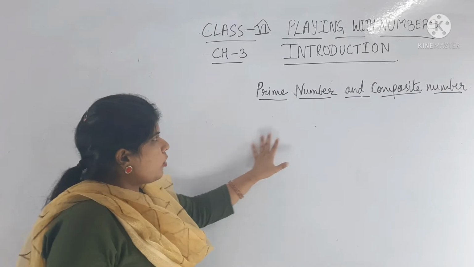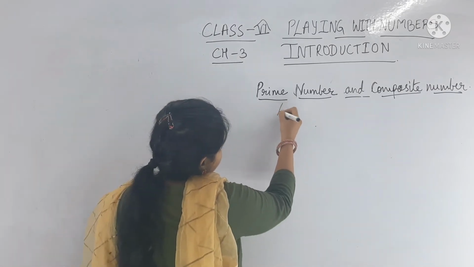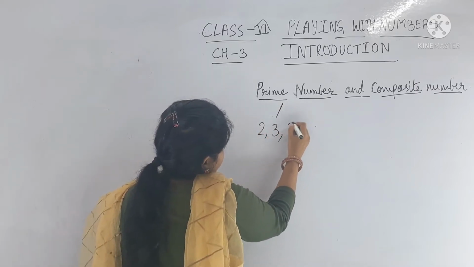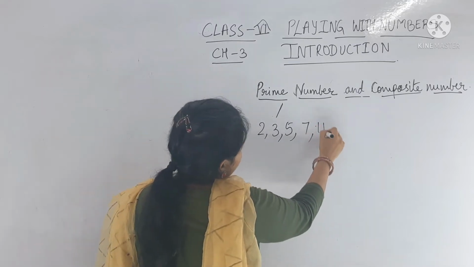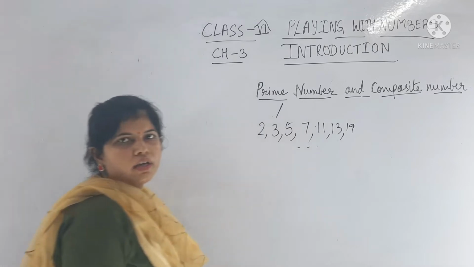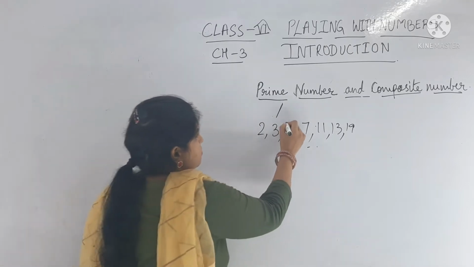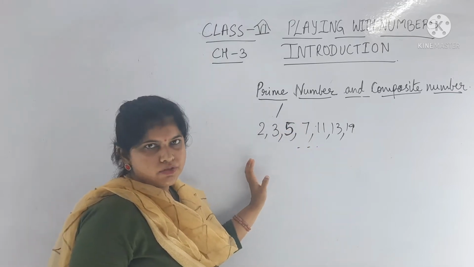Now come to the next topic, that is prime numbers and composite numbers. Here prime numbers are 2 3 5 7 11 13 19 and so on, okay. So here you can see that these will not come in any multiplication table.